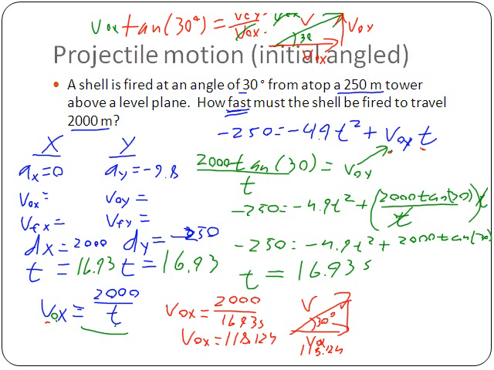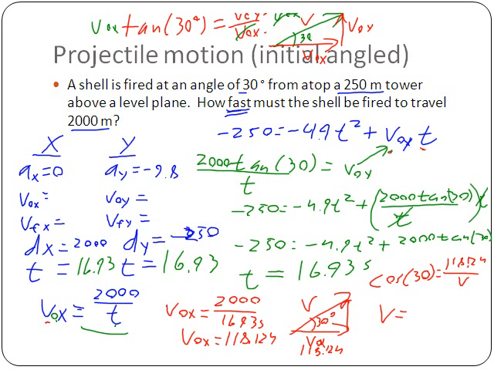We have adjacent and hypotenuse, which is basically cosine. So cosine of 30 degrees is equal to the adjacent over the hypotenuse, 118.124 divided by v. Solving for v, we end up with 136.398.